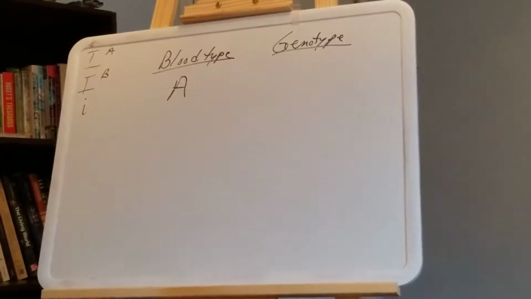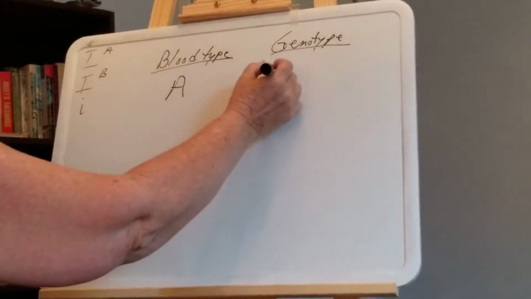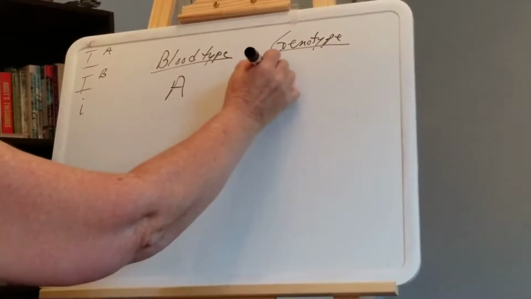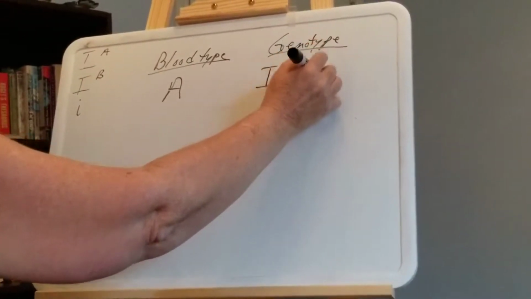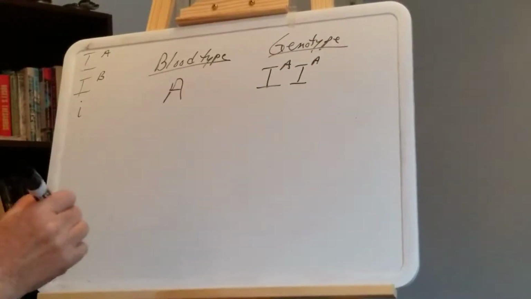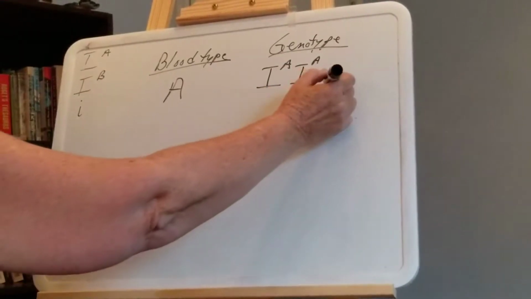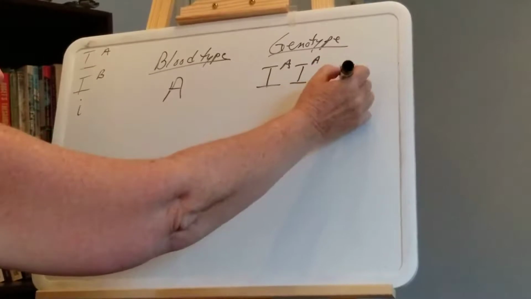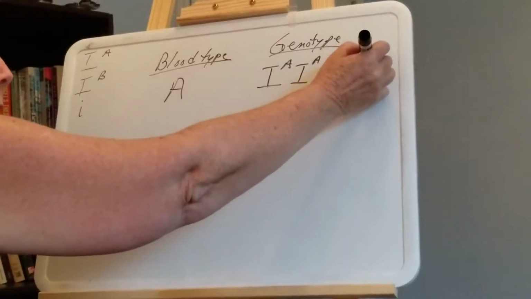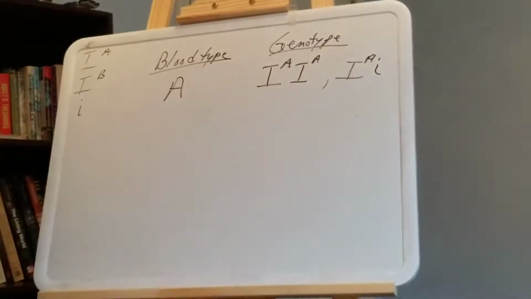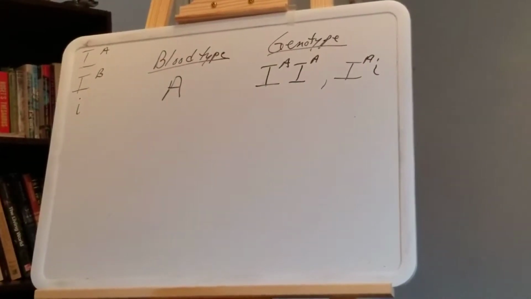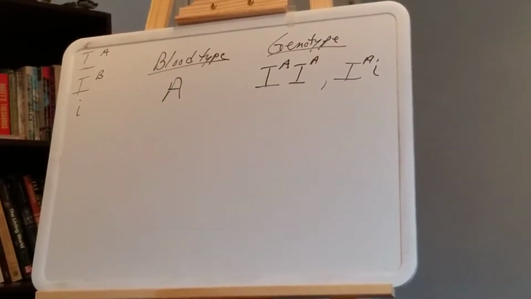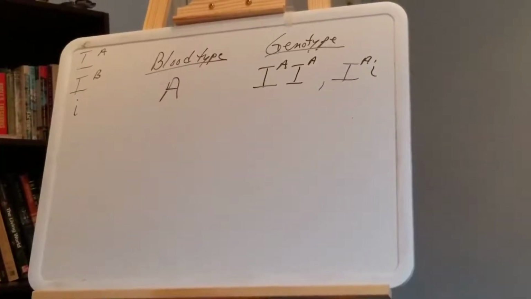That means that both of the genes are identical. So it would be big IA, big IA. Or they could be heterozygous, which means different. So they have a big IA and they have a lowercase i. The lowercase i, remember, is the recessive one, but the big IA is dominant, so they would still have type A blood.